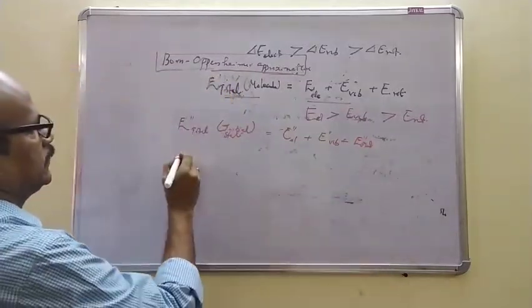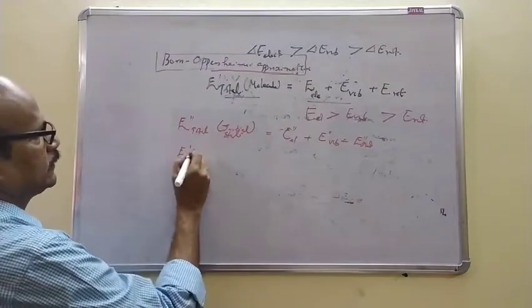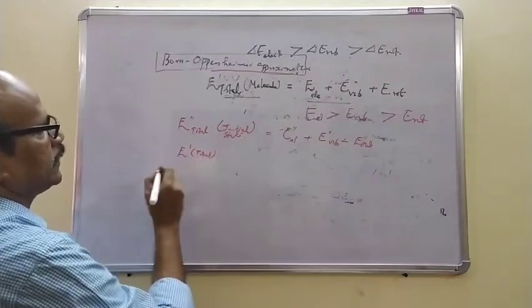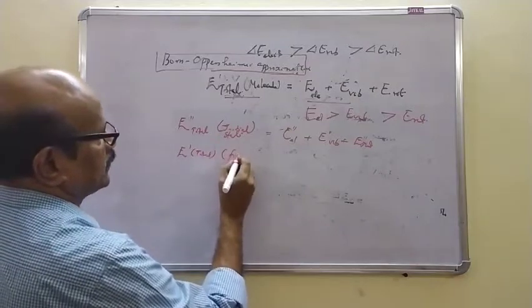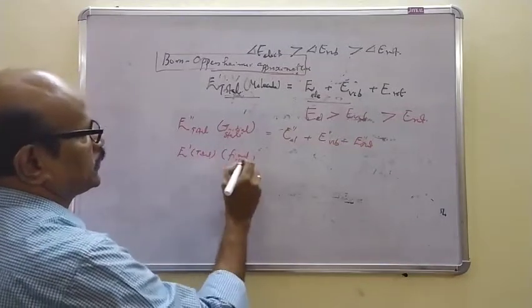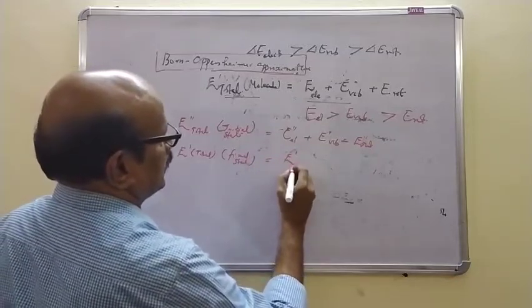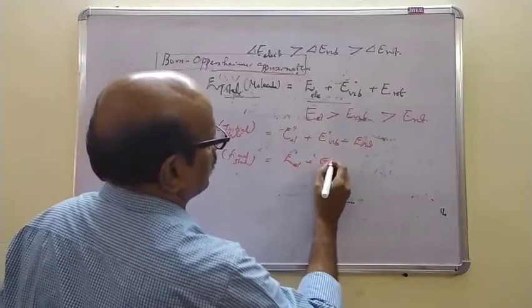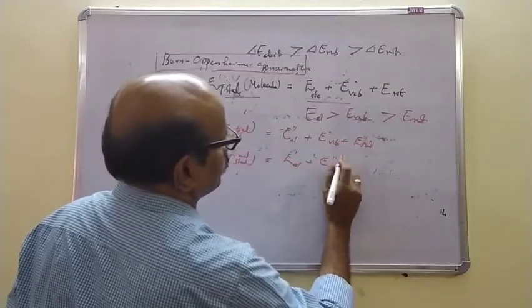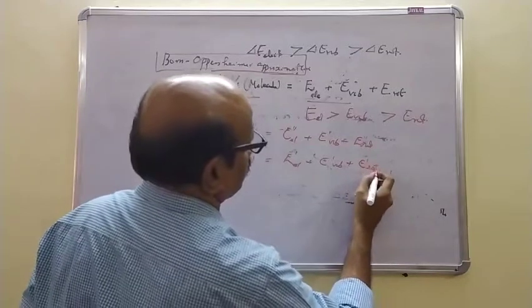And let E single prime or E dash total be the final energy state of the molecule, equal to E dash electronic plus E dash vibrational plus E dash rotational.